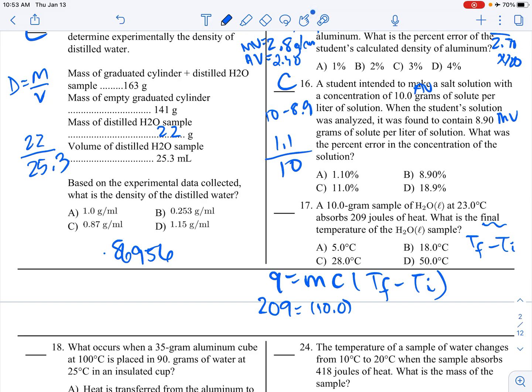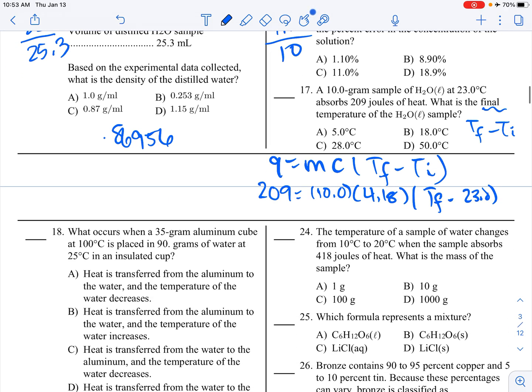The specific heat of water is found on reference table B, right in the front, 4.18 joules per gram degree Celsius or Kelvin. Now, T final is what I'm looking for. T initial is 23. All right, hopefully I don't run out of too much room.